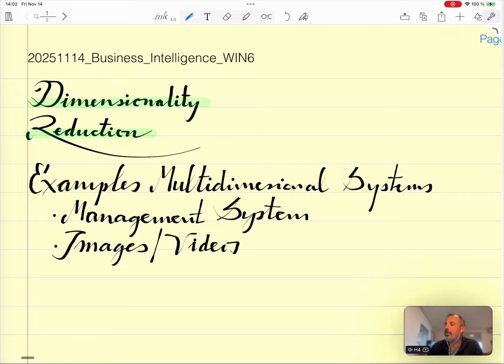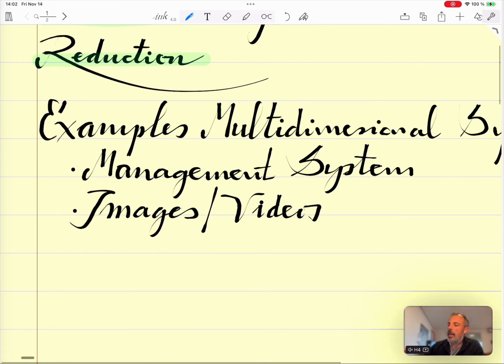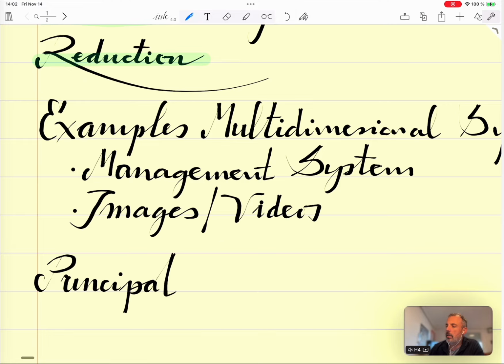And the method we are going to learn today is a standard method which is called principal component analysis.